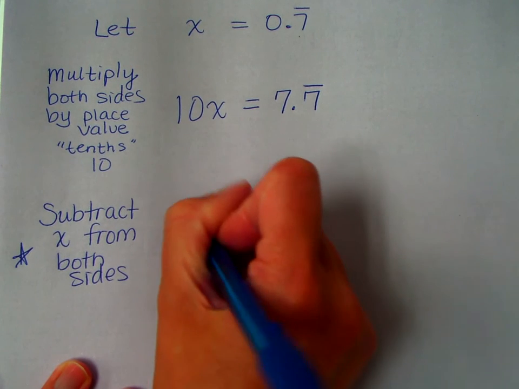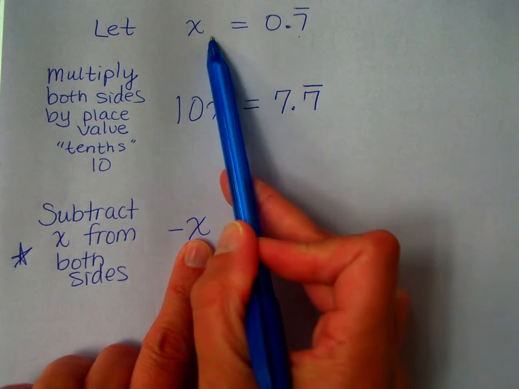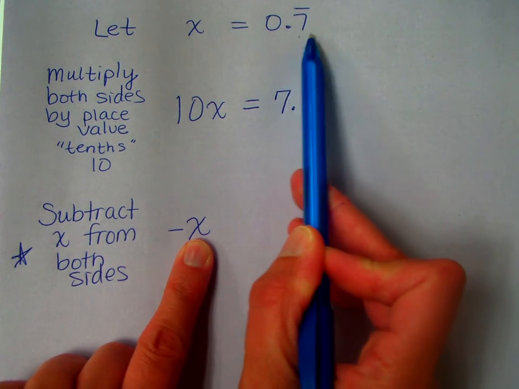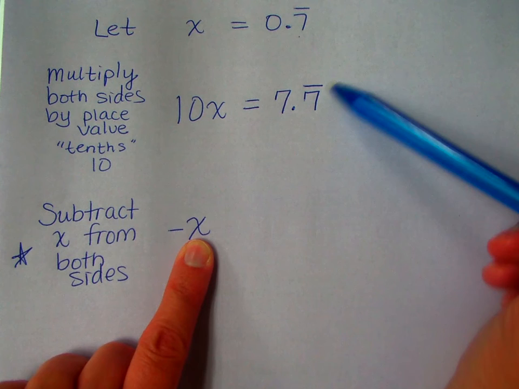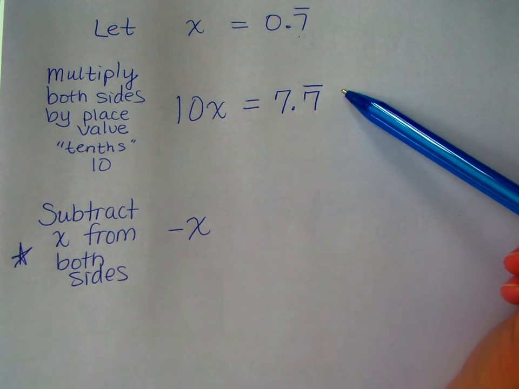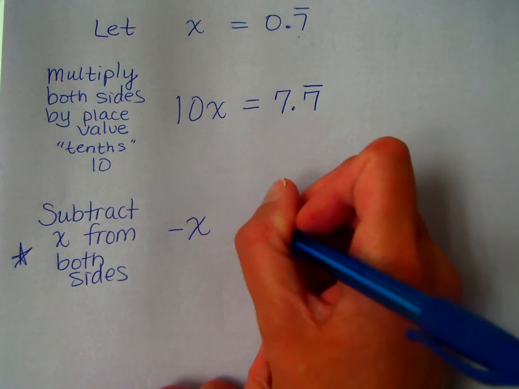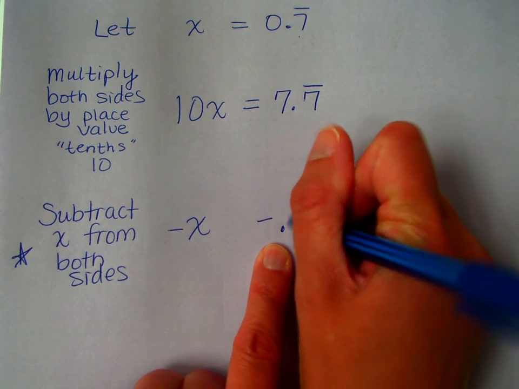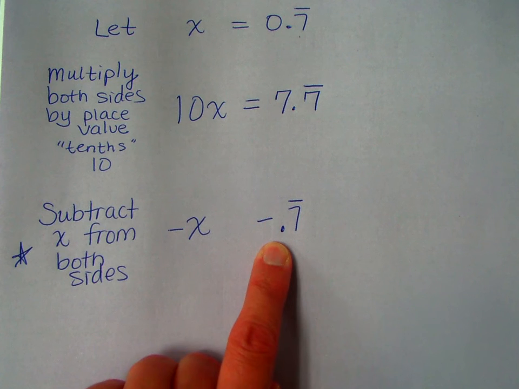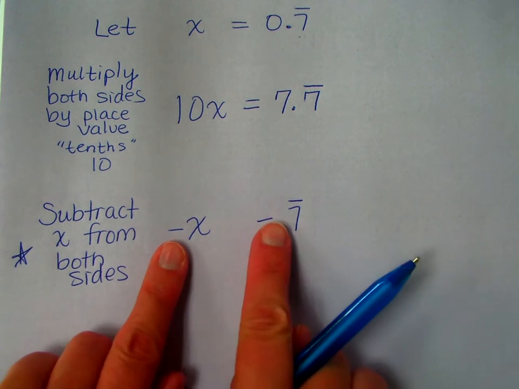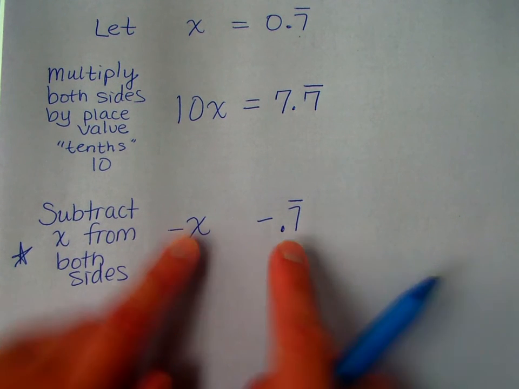But we said up above that x is also that repeating portion. And that's actually what's causing so much trouble. So we're going to subtract that part of it out. So I'm going to subtract x on this side, which is also the repeating part. Okay, so I'm still subtracting the same thing from both sides. It's still keeping my equation balanced.